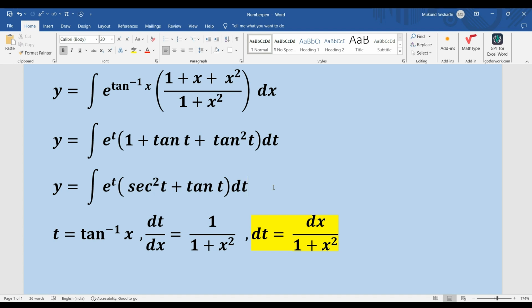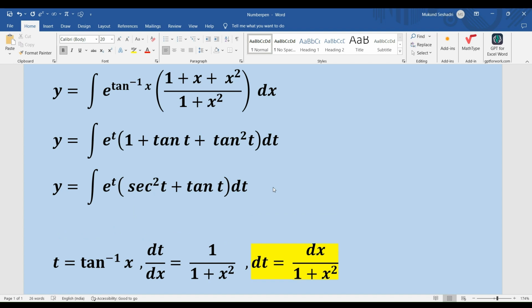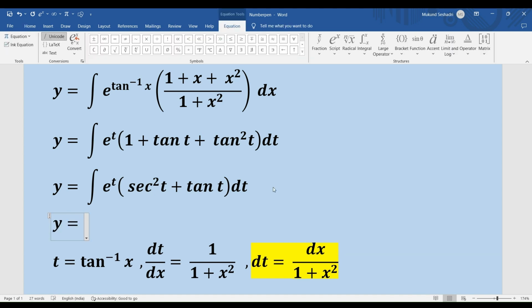So this expression is of the form e to the power x times f of x plus f dashed of x dx, right? And I'm not going to work this out. I request you to take a look at some of my previous problems that I've solved of this type. And I'll also put a link to those specific videos in the description of this particular video. And the answer for this is e to the power t tan t plus c, right?